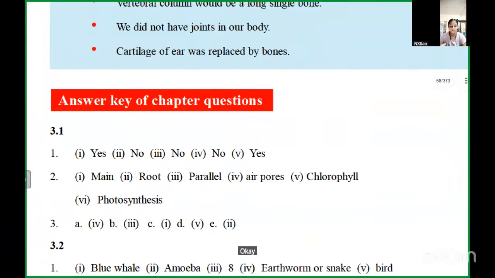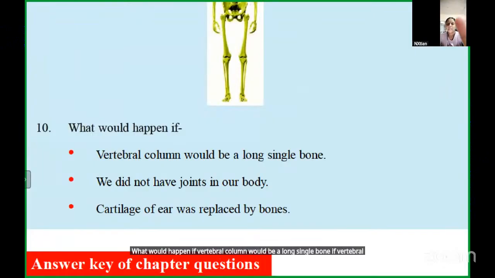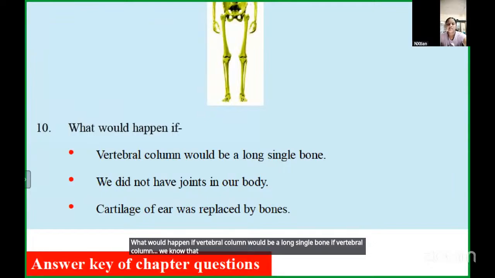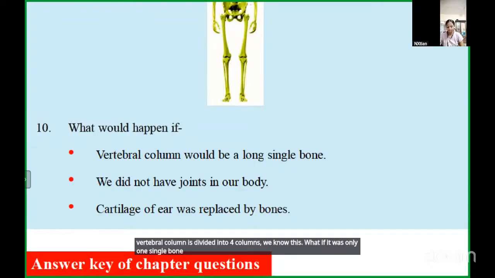Okay, good. 10th question. What would happen if the vertebral column was a long single bone? We know that the vertebral column is divided into four parts. What if it was only one single bone? What would have been the effect?